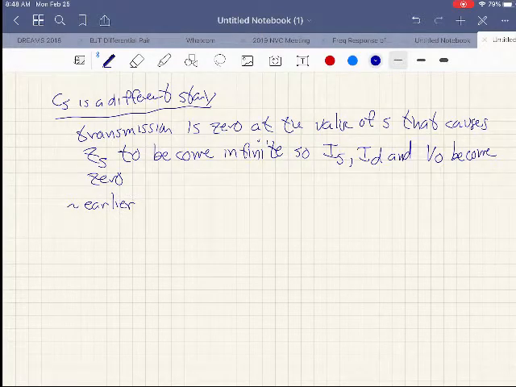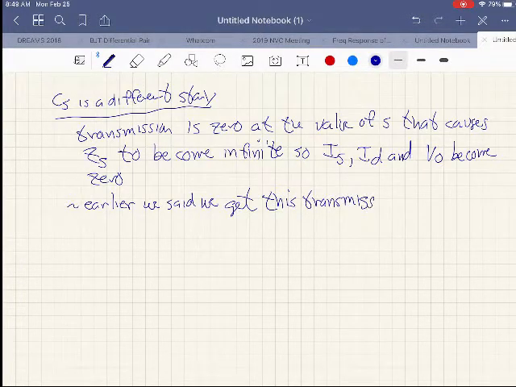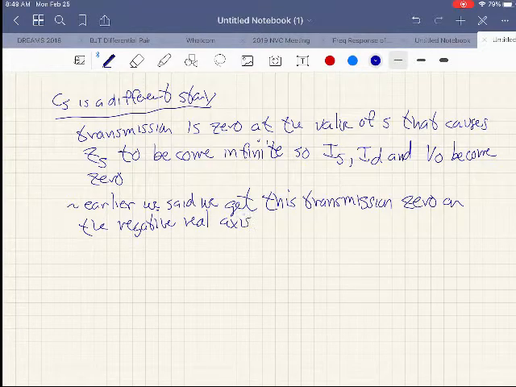Earlier we said we get this transmission zero on the negative real axis of the S-plane.